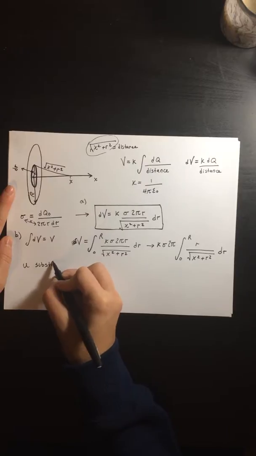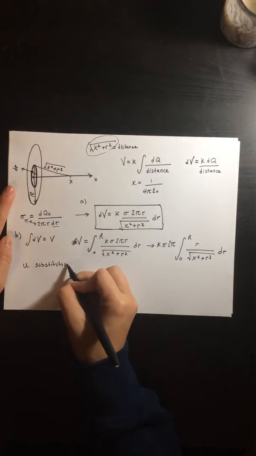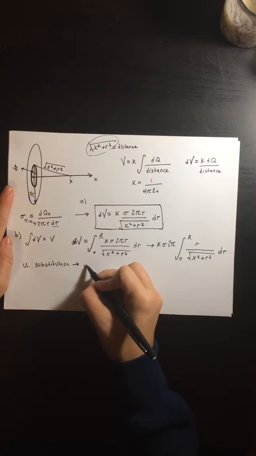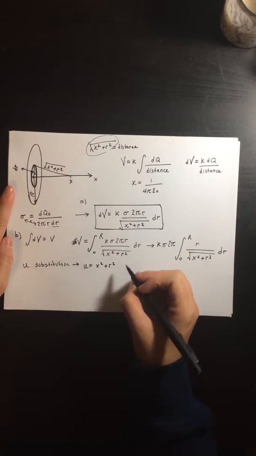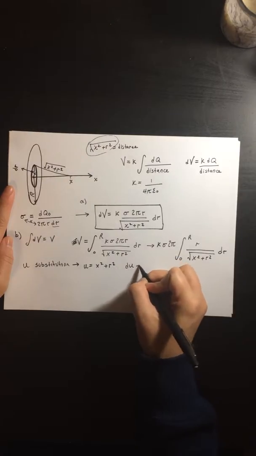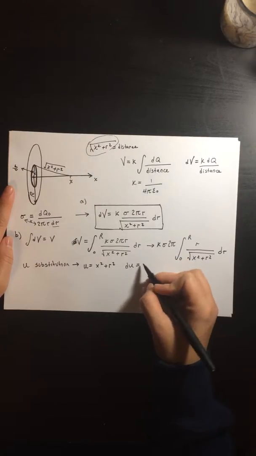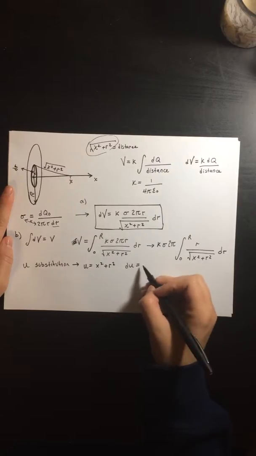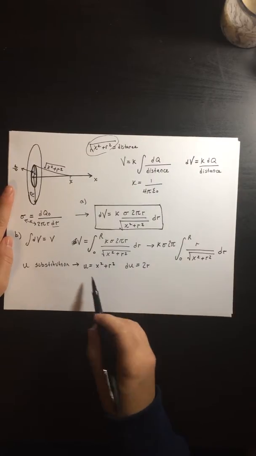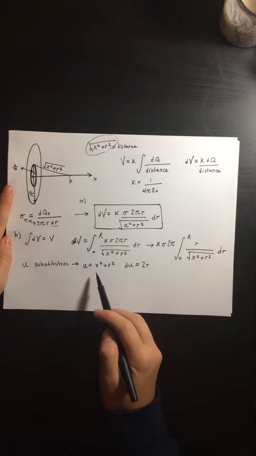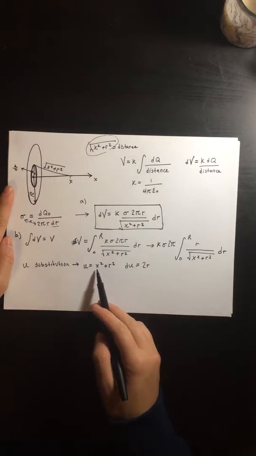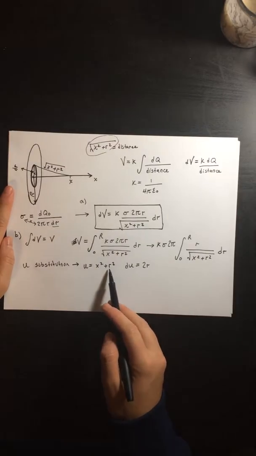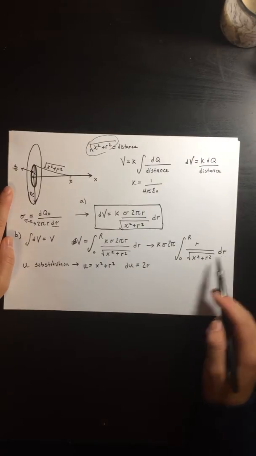So we're going to make u equal to x squared plus r squared, and du is going to be equal to 2r, because the derivative of this with respect to r is equal to 2r, because x is a constant. We're not taking it with respect to x, we're taking it with respect to r because that's what's changing in our expression.